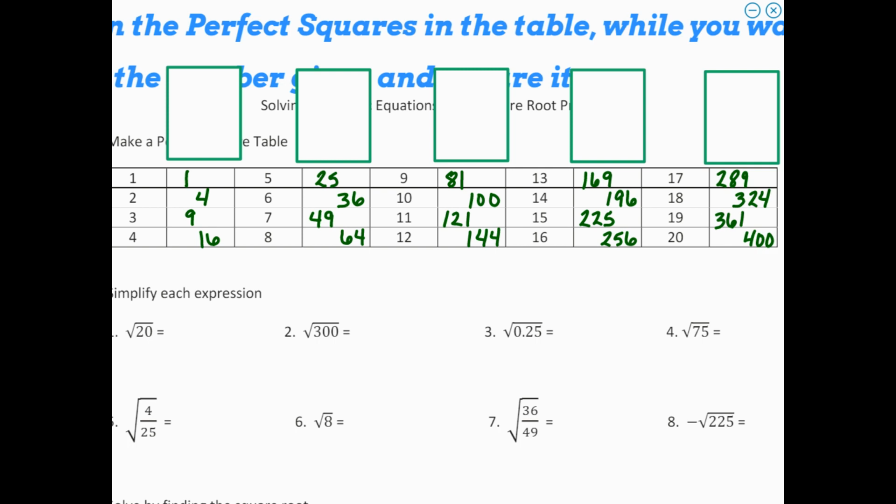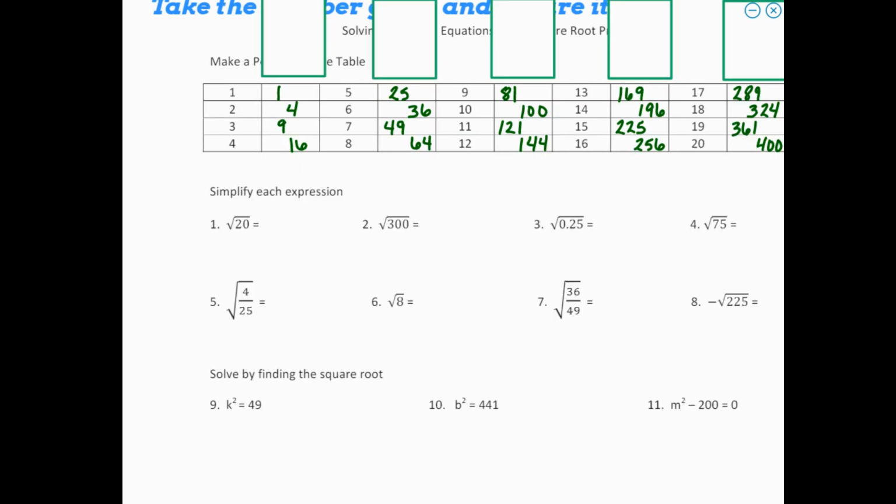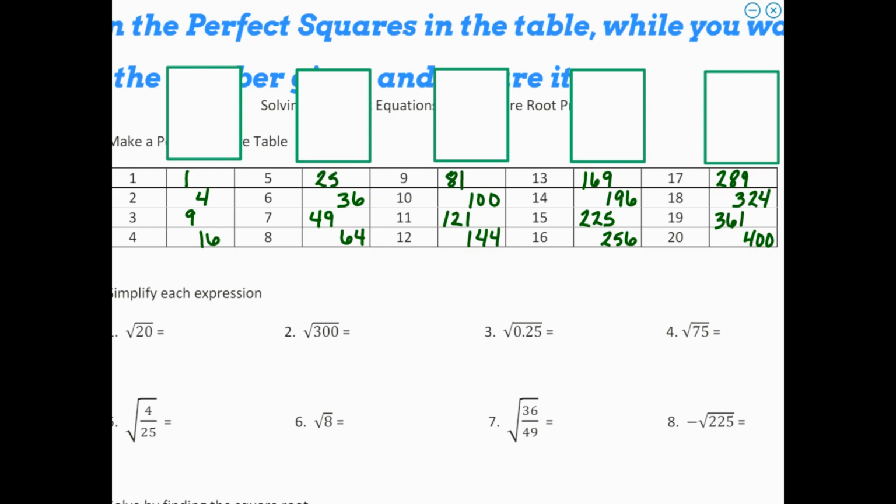When you finish, check your work with my answers on the screen there.